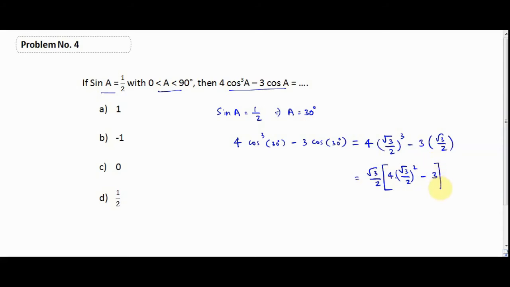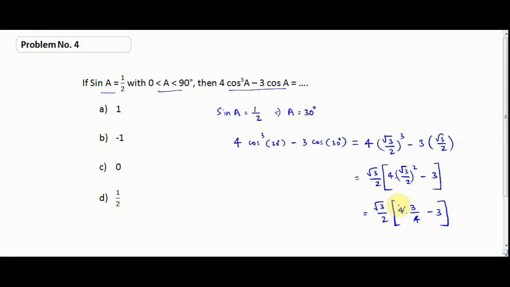Now let's try to simplify this. We get it as root 3 by 2 into 4 into, here we have root 3 by 2 whole square, so that may be written as 3 divided by 4. Then minus 3. Now here 4 is common in both the numerator and denominator, we may cancel those two.